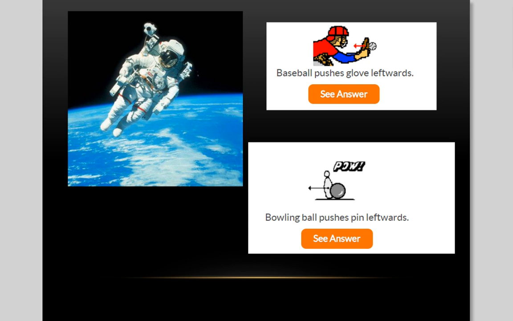It's like the opposite. The bowling ball pushes the pin left. The pin pushes the ball right. Right, but they always make a contact force, and they always have these equal and opposite forces. Always.